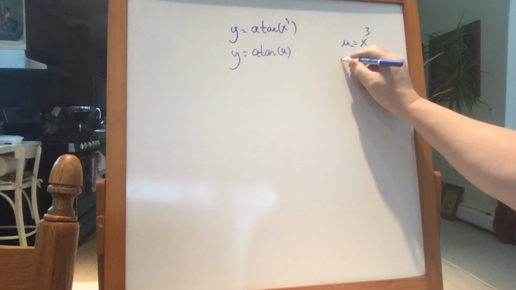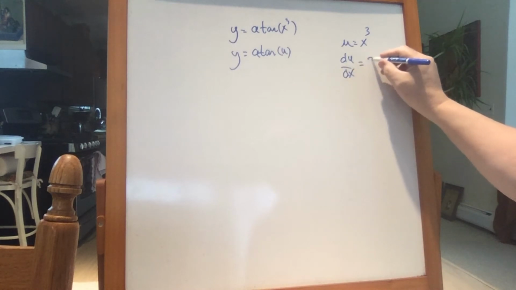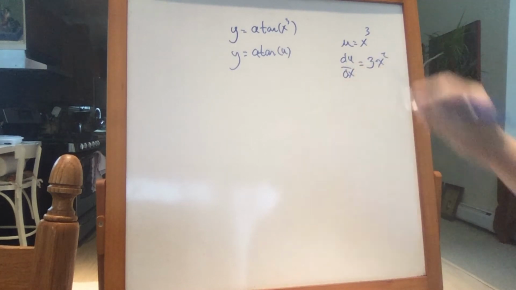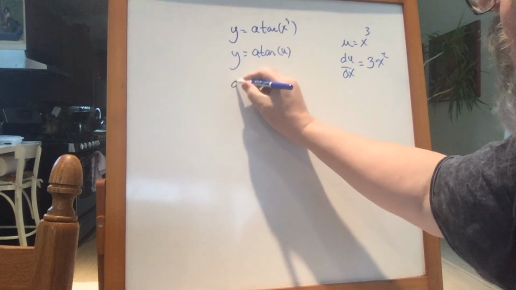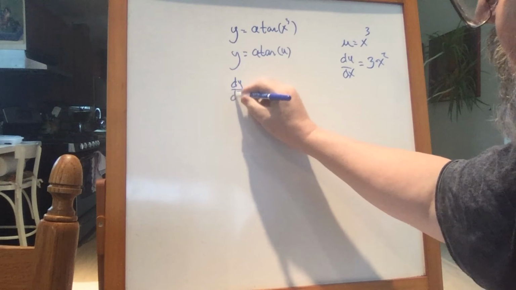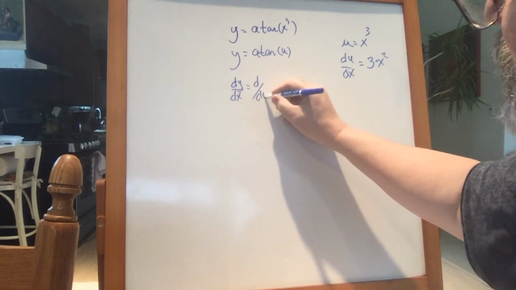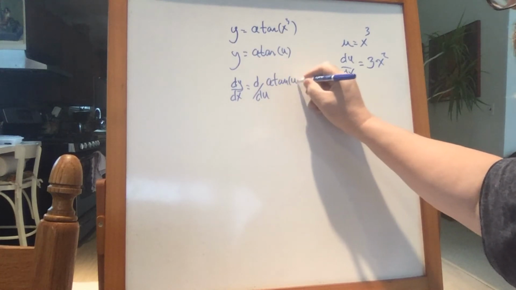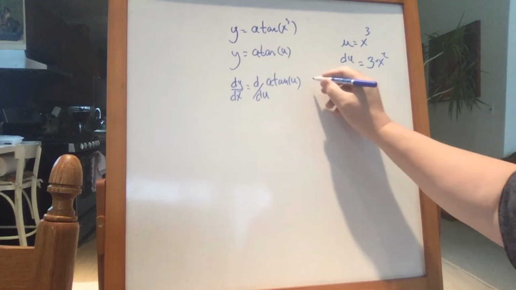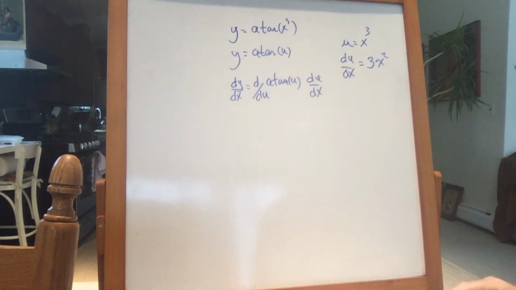So there, du/dx equals 3x squared. So dy/dx equals d/du of arctangent of u times du/dx.